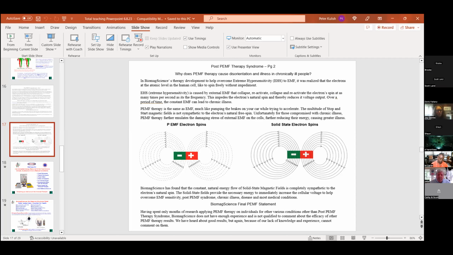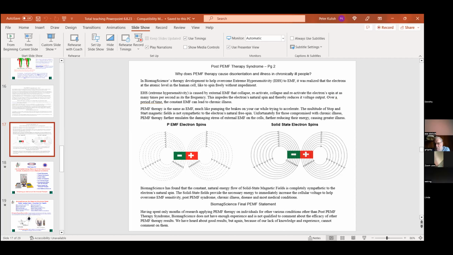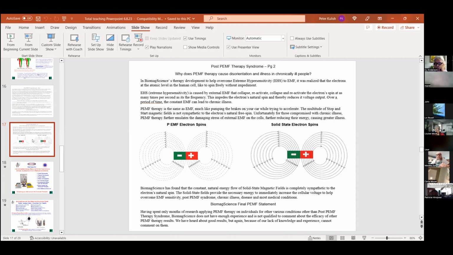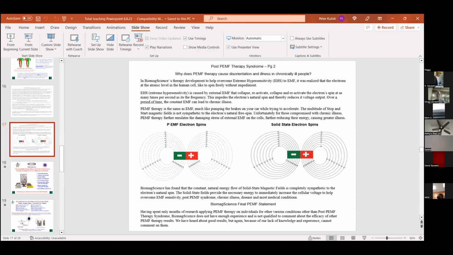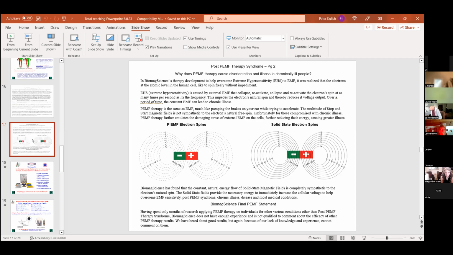the pulsing is not sympathetic with the normal electron free spin of the electrons at the quantum level that make up, if you will, the molecules and then eventually the cells.